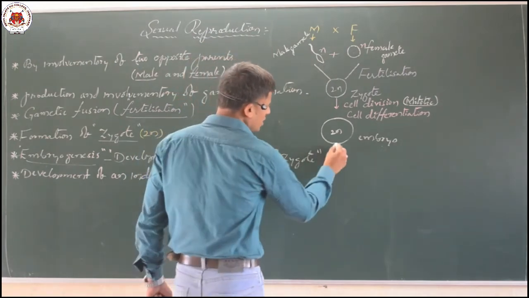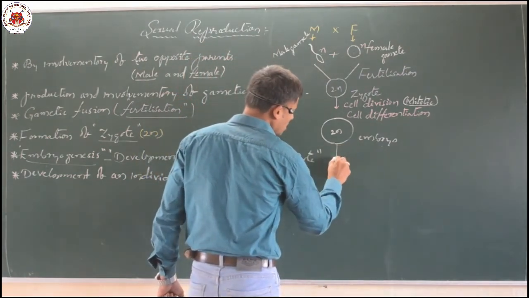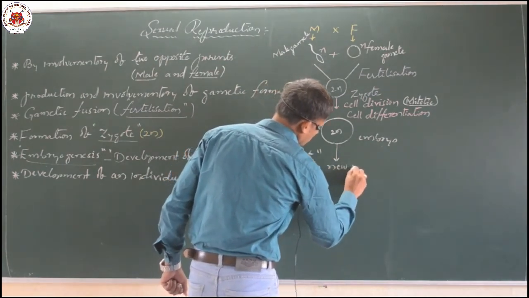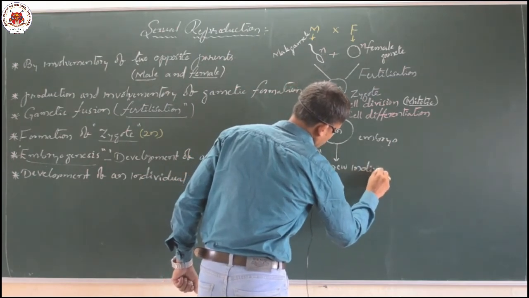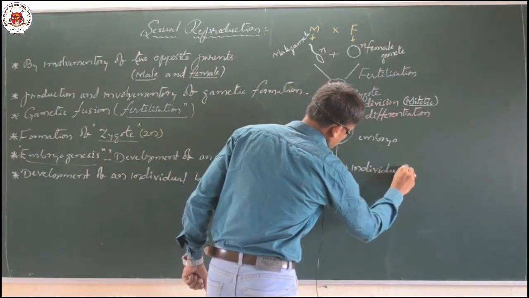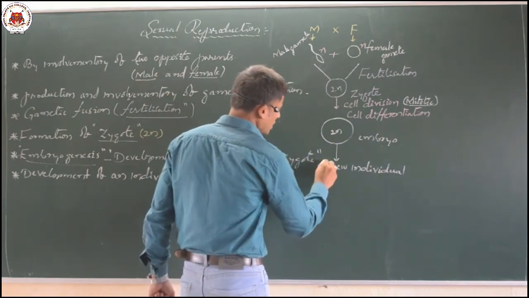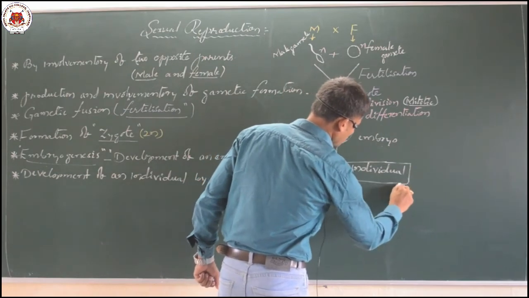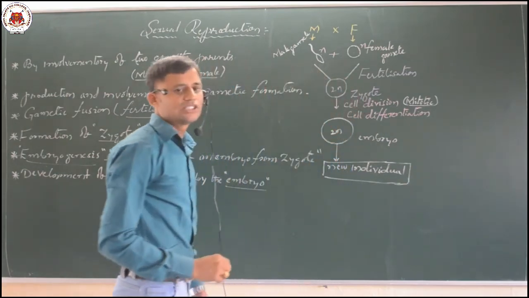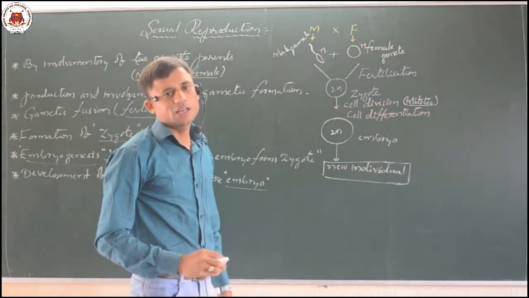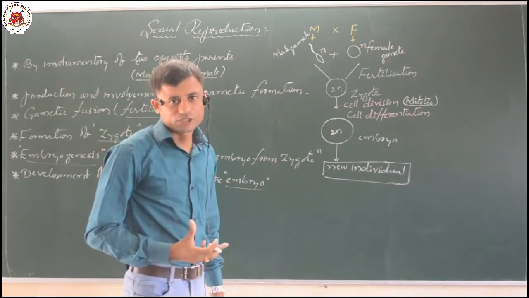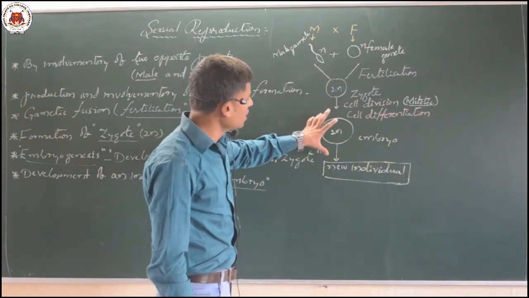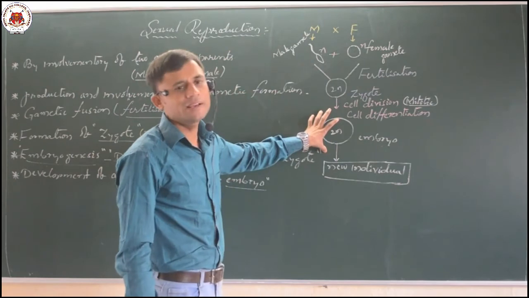Then this embryo undergoes developmental stages to produce a new individual. The new individual is formed by the mechanism we call cell differentiation and cell division. So, based on these phenomena, sexual reproduction is carried out.